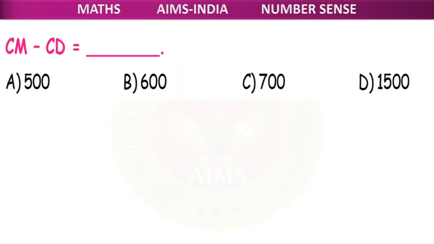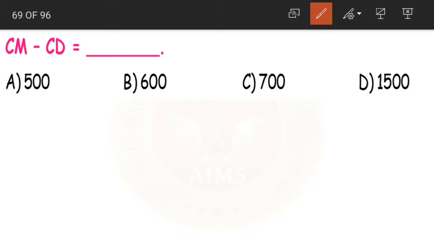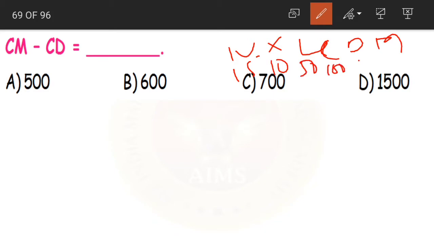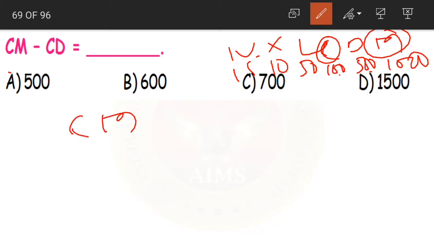Next question. CM minus CD is equal to dash. Now see, I always advise you to write the Roman chart first. So let us write the Roman chart with the values of Roman numerals. Now what should we do? CM minus CD. CM: C is 100, M is 1000.